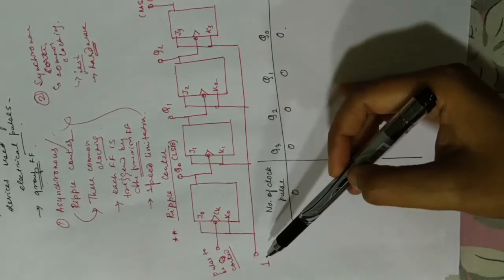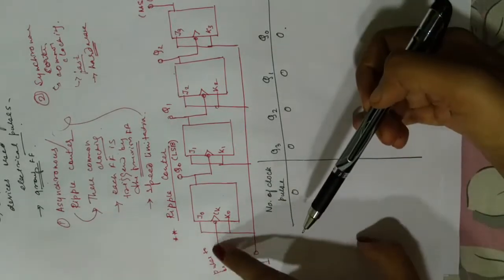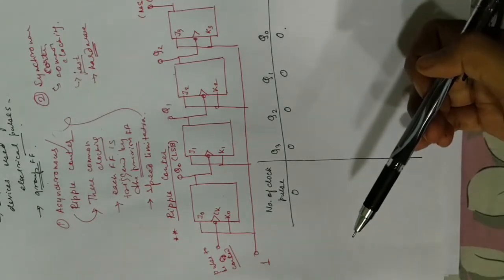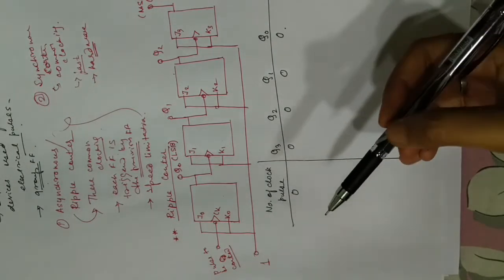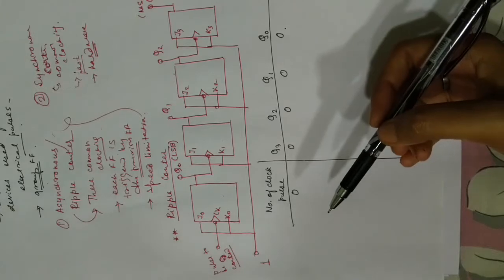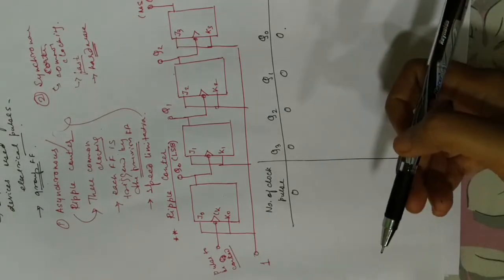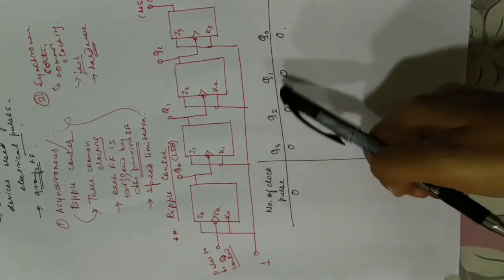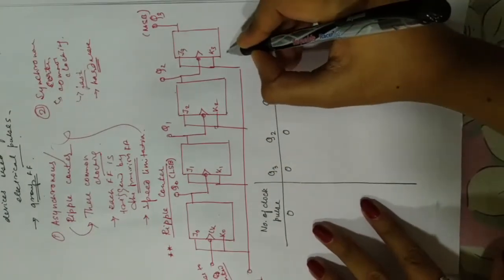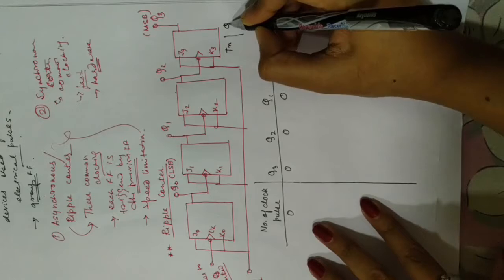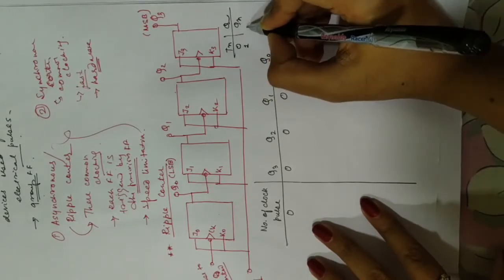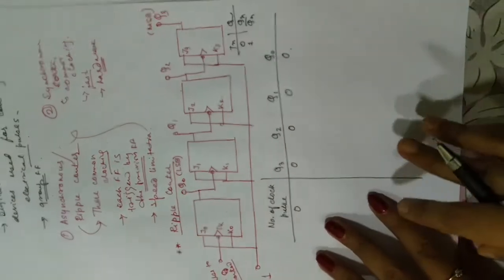Now what does a toggle switch act like? Whatever value you give, you get the opposite output, right? Like we know, if you look at the truth table of a toggle flip-flop, if you put T equal to 0, you get the same previous value of the output. If T is 0, you get Qn, if it is 1, you get Qn bar, right?